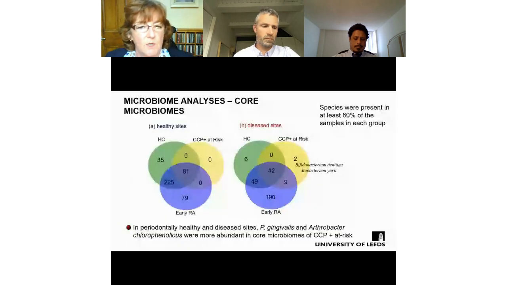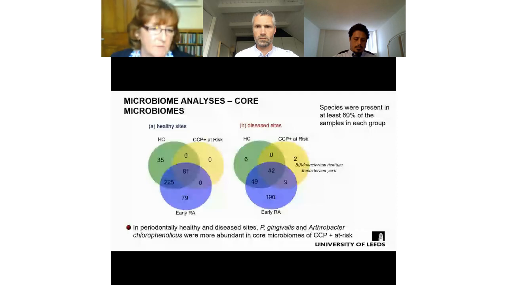So Jan went on to look at the core microbiomes associated with each of these groups at healthy sites or at disease sites, and this was identifying species that were present in at least 80% of the samples of each group. And you can see again that it's quite an interesting Venn diagram here. So there's 81 organisms in these core microbiomes that are in common for each of the three groups.